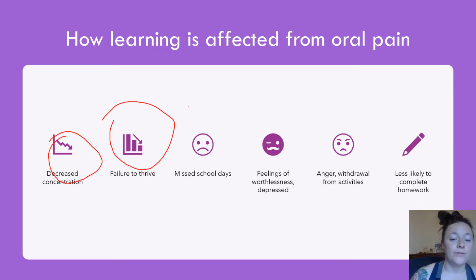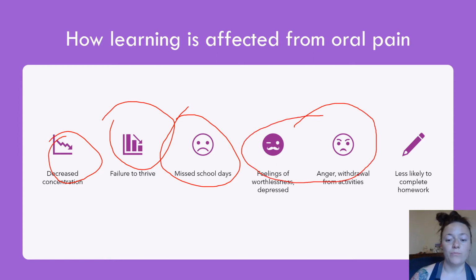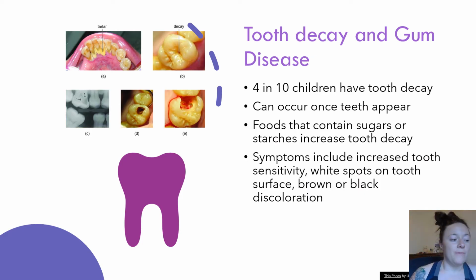They can have more missed school days than a child without oral pain. They can have feelings like worthlessness, depression, anger, and they're also less likely to complete their homework in school and at home, which also results in decreased learning because they're not able to do their homework.